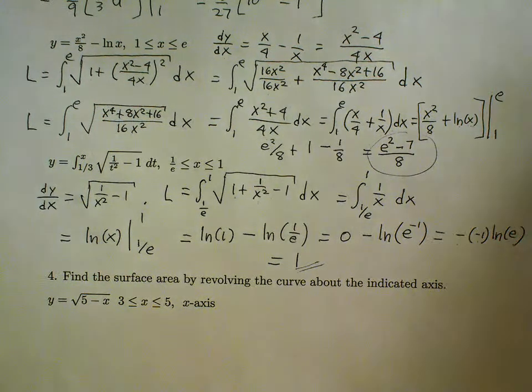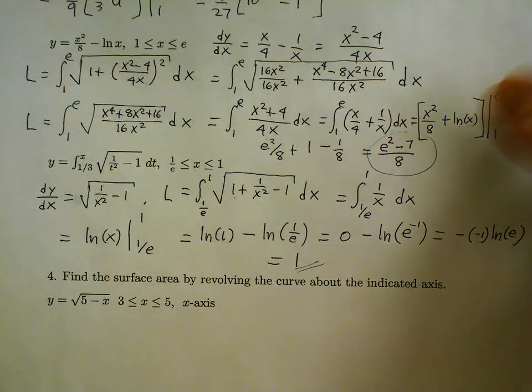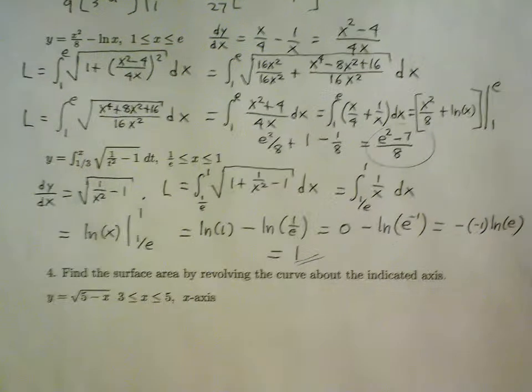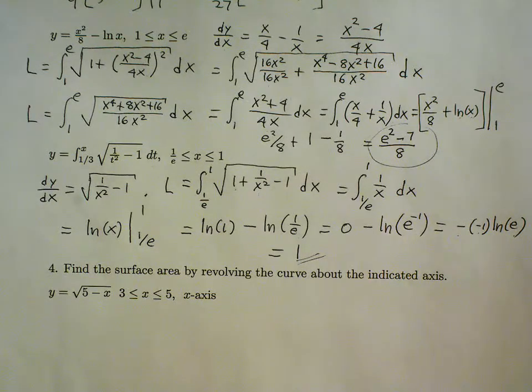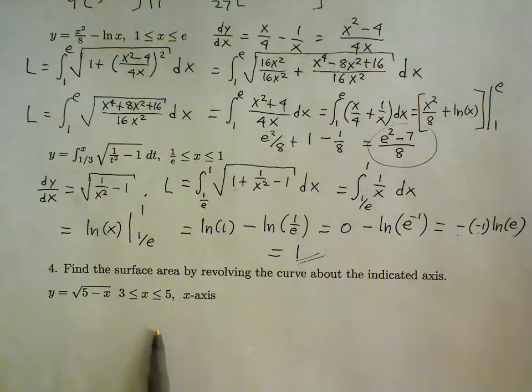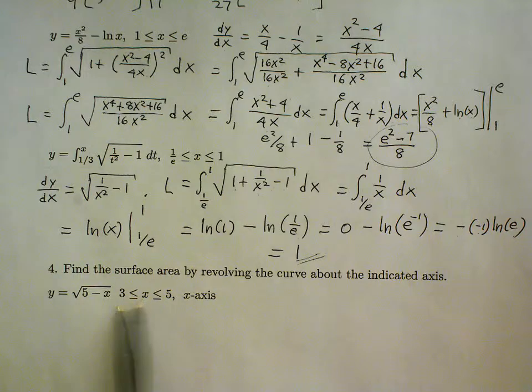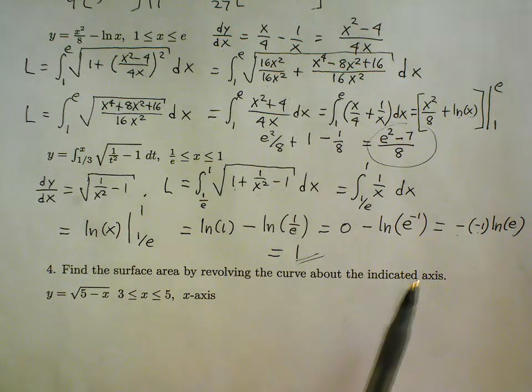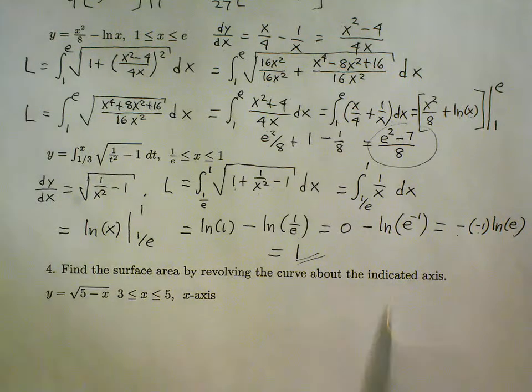Okay, on the next one, number 4, find the surface area by revolving the curve about the indicated axis. So y equals the square root of 5 minus x on the interval from x equals 3 to x equals 5. Rotate that about the x-axis and find the surface area.